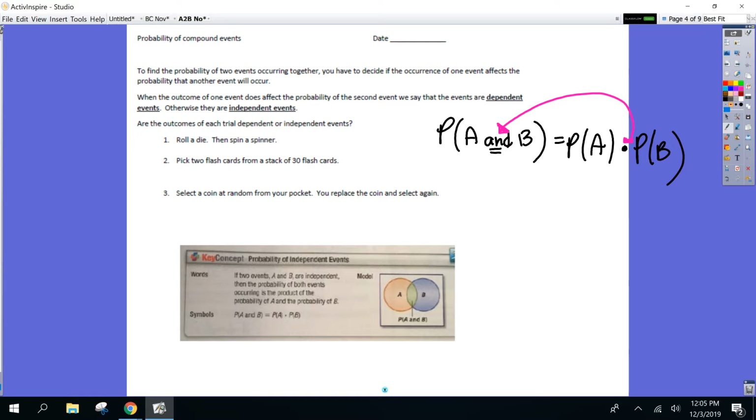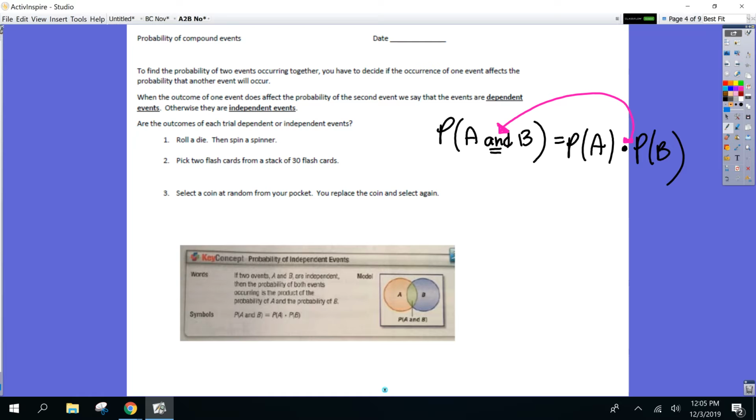When we see an and, it could be what we call dependent or what we call independent. Let me go over the first example with you. Roll a die, then spin a spinner. Are those 2 independent or dependent events? Here's how you can tell. You roll your die. Does rolling the die have any effect on the outcome of the spinner?